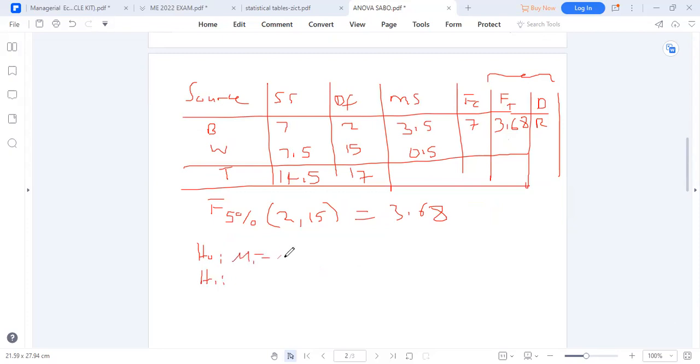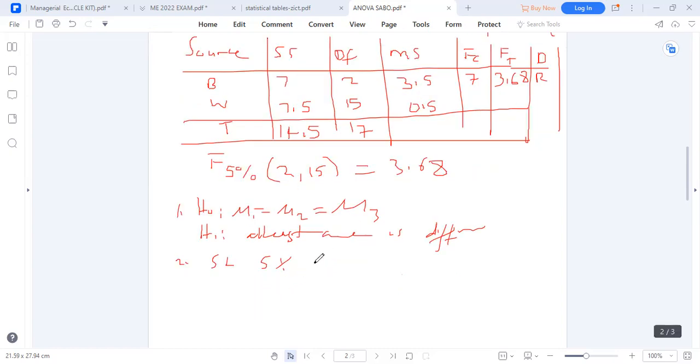Step 1: H0: mu1 is equal to mu2 is equal to mu3; H1: at least 1 is different. Step 2, set the level of significance. That's 5%, or alpha 0.05, the same. Step 3, set the decision rule.